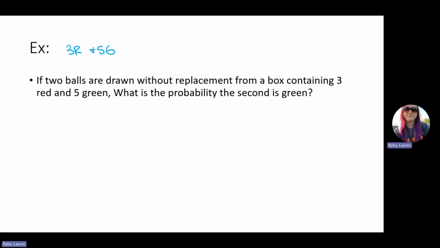What is the probability the second is green? All right, the way my brain thinks about this is I could draw a red and then a green, because it's just telling me the second one has to be green. Or I can choose a green and then a second green.